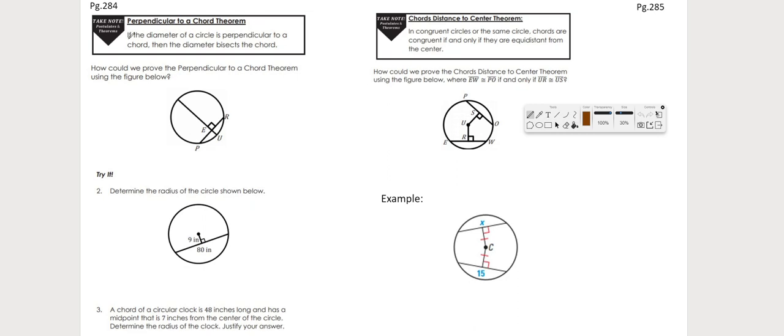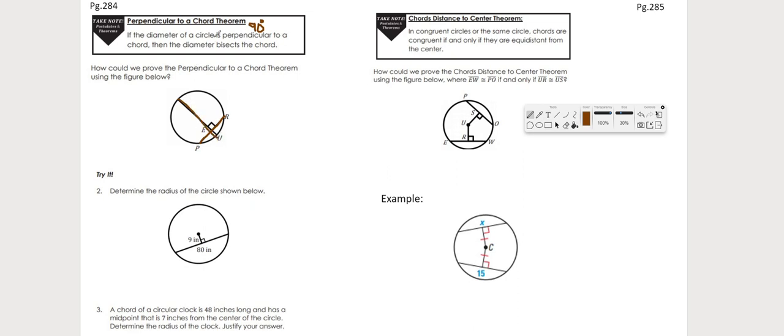What this says is, if the diameter of a circle is perpendicular to a chord, remember, perpendicular means 90 degrees, and remember that a chord is PR. PR is a chord. The diameter in this case is the line that's going through the middle.